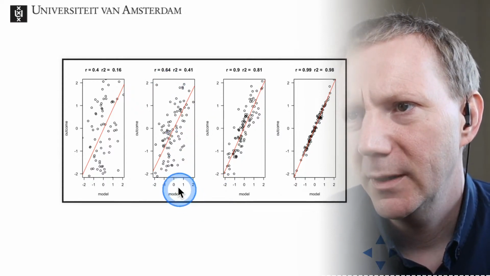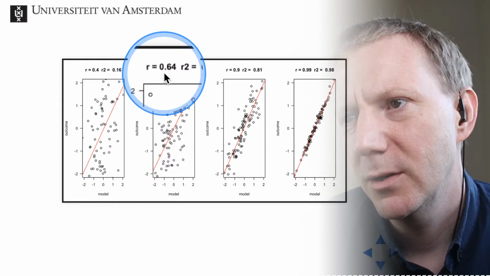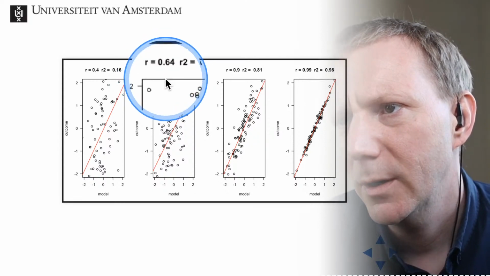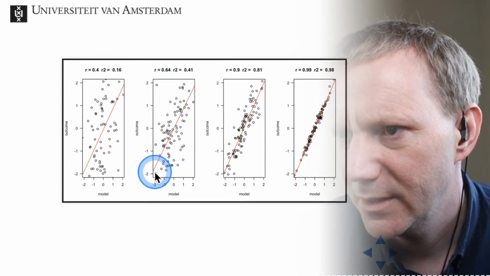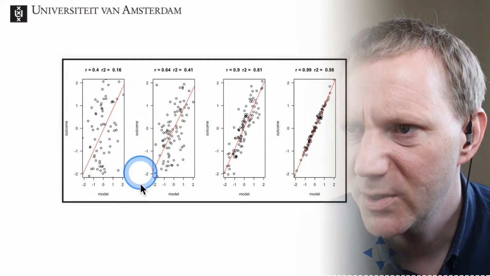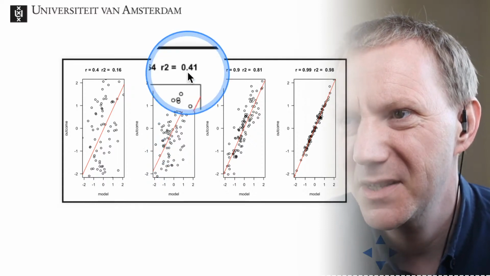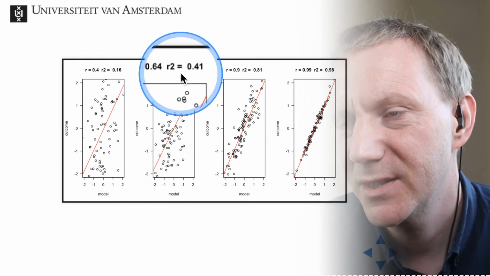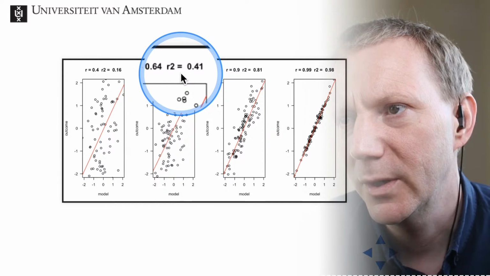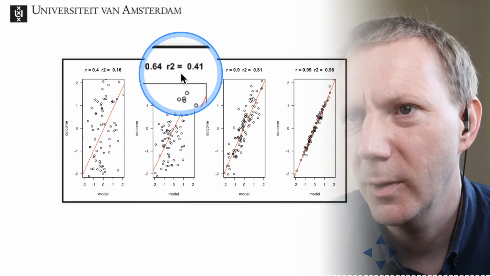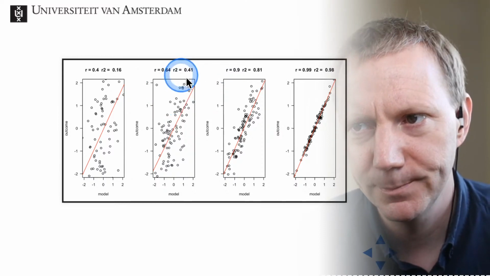For this one, it's a little bit better. The correlation goes up to 0.64. There's still a fair bit of spread around the optimal fit. If we square that, then we get 41% of explained variance.